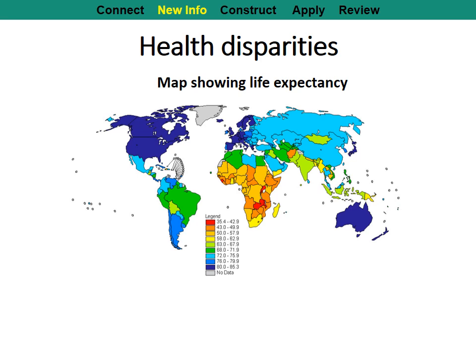So if we have a look then at this map of health disparities, it's a map rather of life expectancy, okay, which obviously leads us to think about health. And we might notice, hopefully, that there is a very similar pattern here to the map we looked at on HDI. Okay, now obviously life expectancy feeds into HDI, but it's not the only thing, is it?